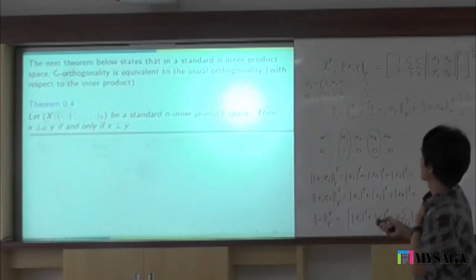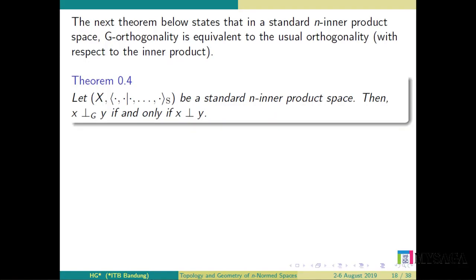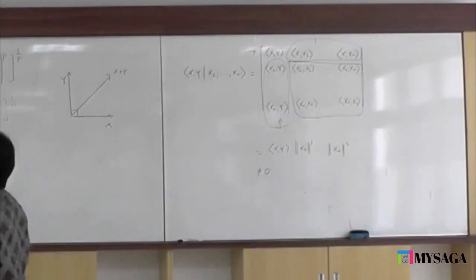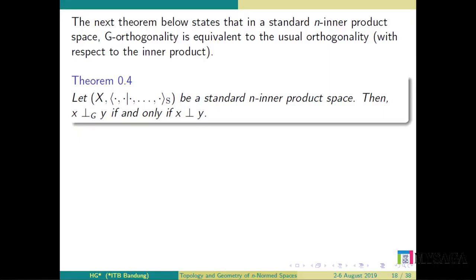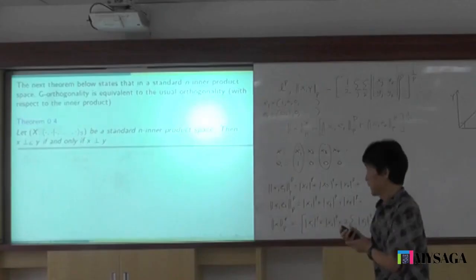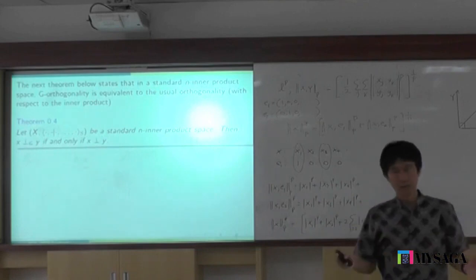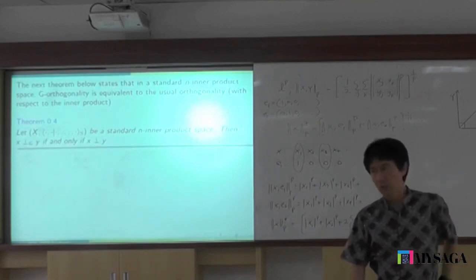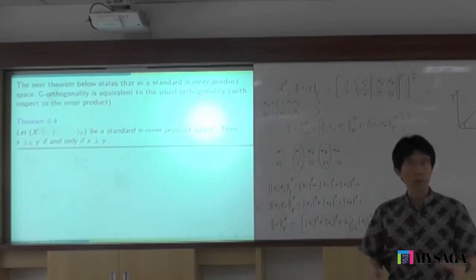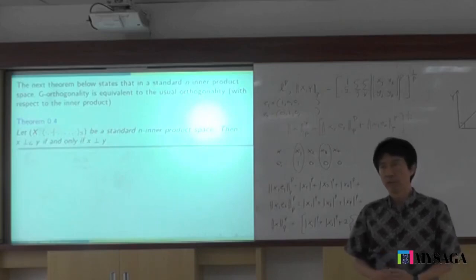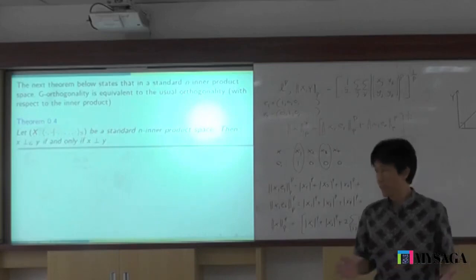So the next theorem states that in a standard inner product, where the formula for the inner product is given by the determinant, G orthogonality is equivalent to this. This is the important part of our result, because we don't want to define orthogonality in such a way that when we compare it to the inner product case, we get something different.